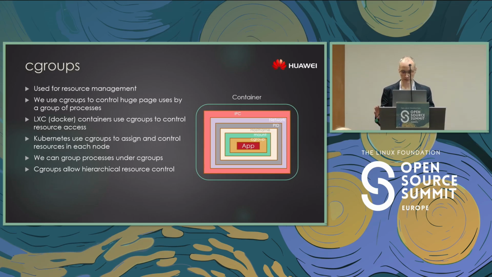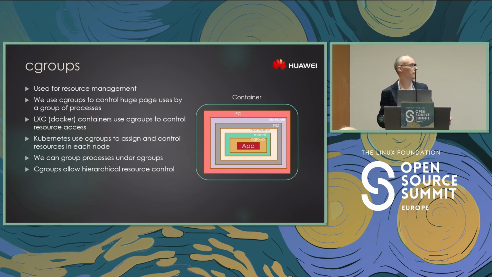C groups are used for resource management. I know we shouldn't do this, because it's memory management. Is it really a resource? This is a quite controversial part, but it's the only mechanism the Linux kernel right now has to group different tasks under the same group.